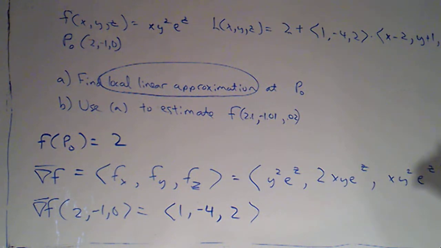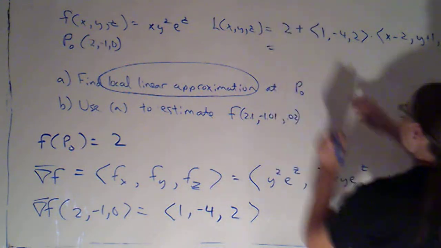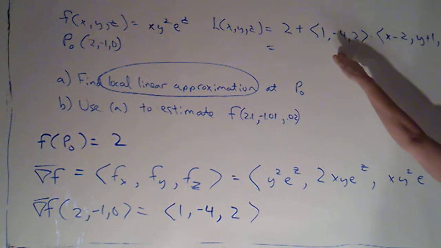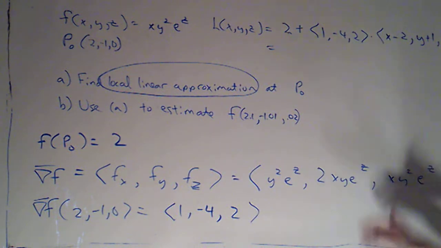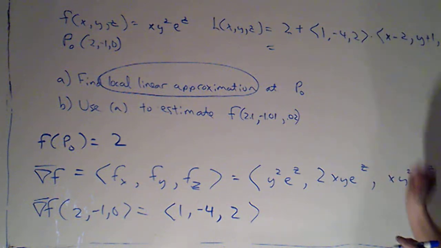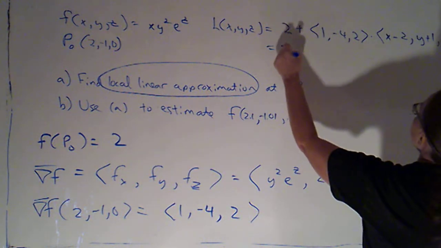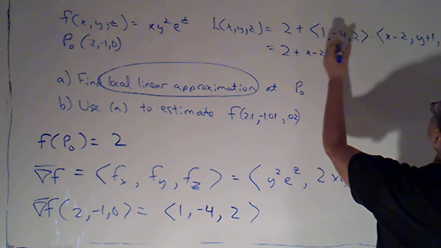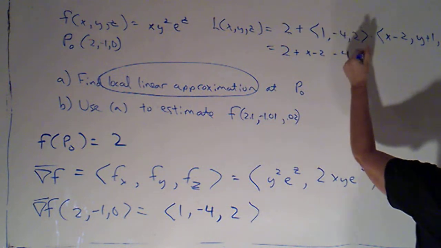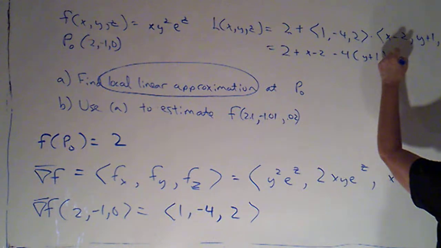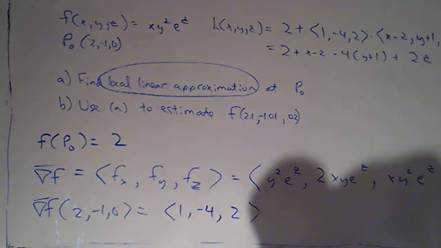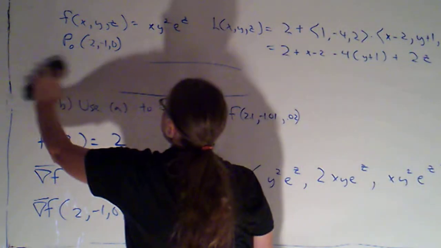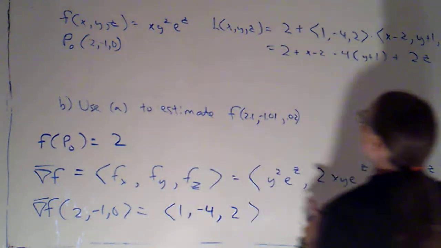All right, excellent. So that gives me my equation. Let's go ahead and work it out so that I don't have any vectors in it. Generally, when I'm writing an equation that's giving me numbers, I'd like to not have any vectors in it, so I'll work out that dot product. So that's just 2 plus (x - 2) minus 4 times the quantity (y + 1) plus 2z, if I do that dot product. And I think I'm going to go ahead and simplify that so that I can consolidate all of my constants.